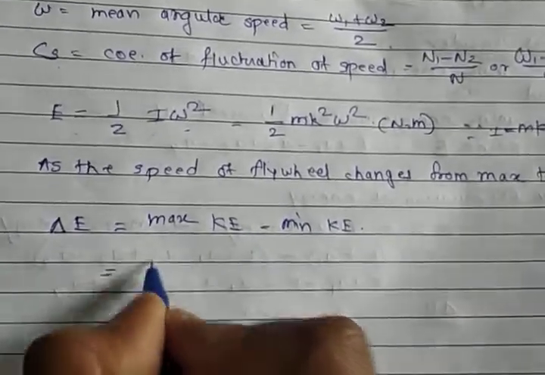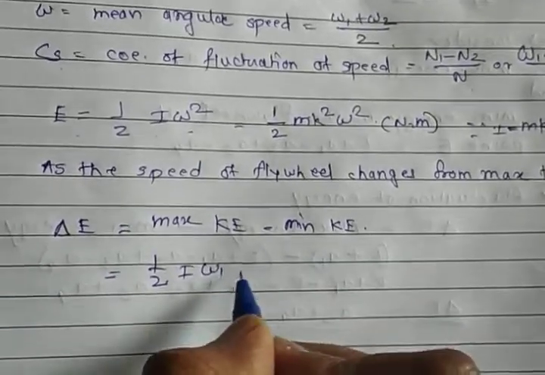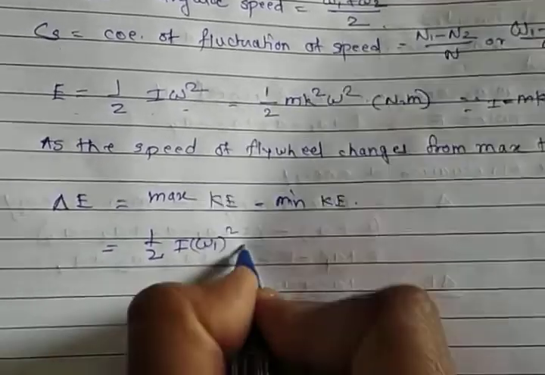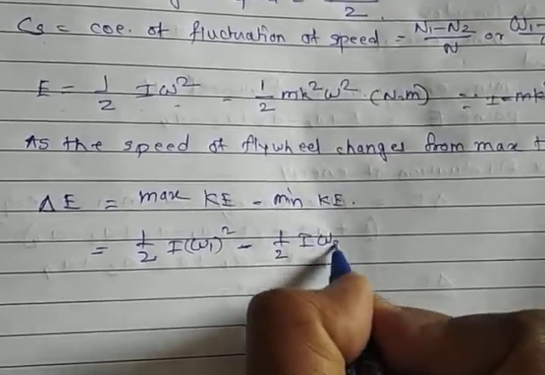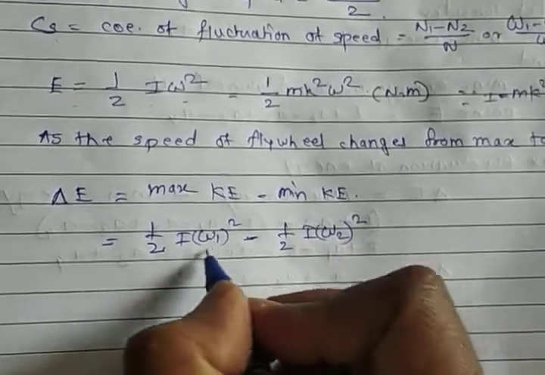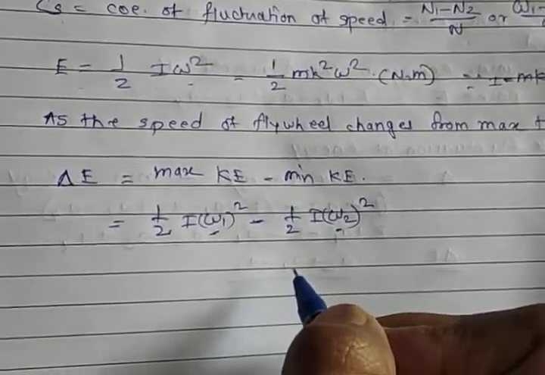That is 1/2 I omega 1 square minus 1/2 I omega 2 square, where omega 1 is the maximum angular speed and omega 2 is the minimum angular speed.